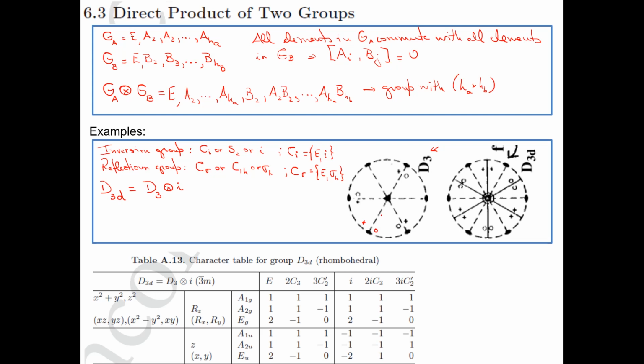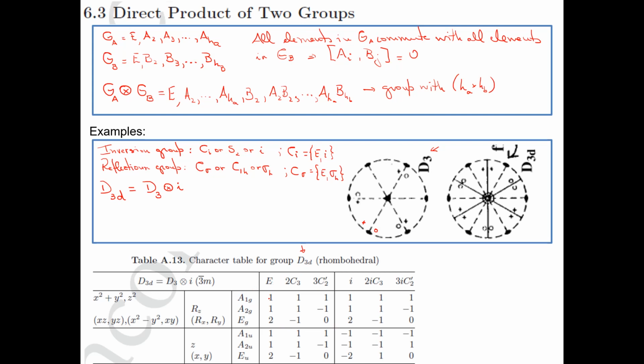Another way to see that is by looking at the character table, as I have already discussed today for the IH group. So if you look at the character table for group D3D, you can see that we can split the character table in 4 different parts, starting from the group D3.